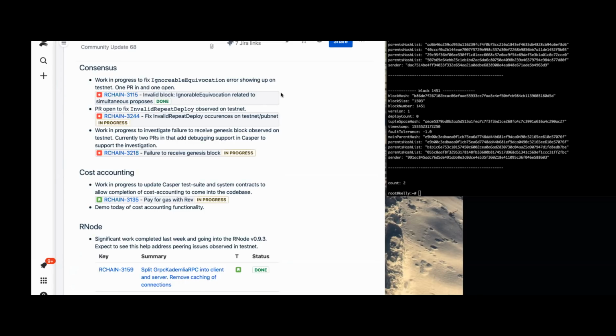So I think Kent reported in the Casper stand-up that they know what the issue is and that they have a fix. I haven't seen it come into the project yet, which is why it says in progress. I think he's going to get a pull request in shortly.